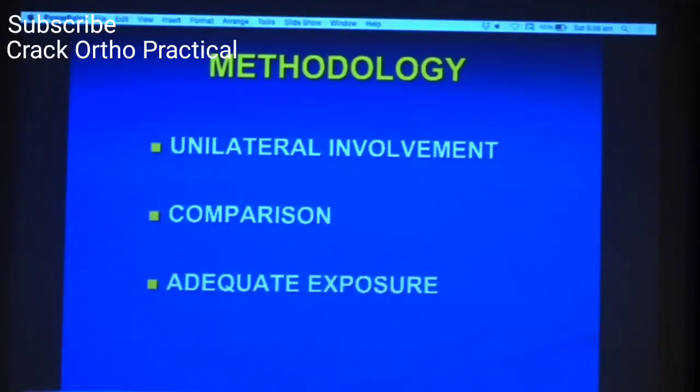Any deviation or deformity in the hip has the capability of being corrected either at the spine level or at the knee level or both. So you need to have a good exposure of all these parts.